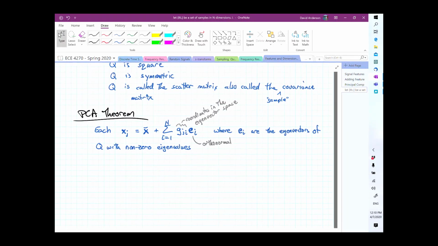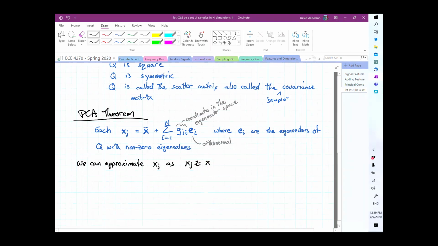So we can approximate xj as, well, let's put it in here as an approximation.